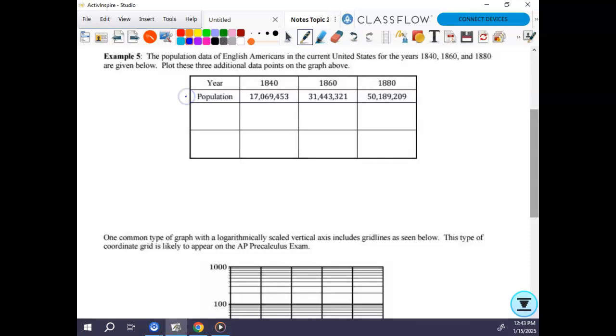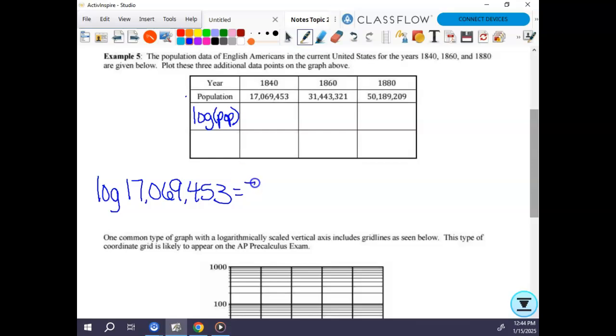So this row is the population in normal numbers that we're used to talking about. We're going to take the log of the population and put it in this row. So that means I'm going to take the log of 17,069,453, and I'm just going to tell you what it is. I know you can push buttons once you've done that a couple times.